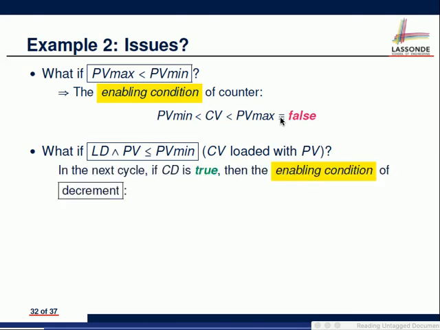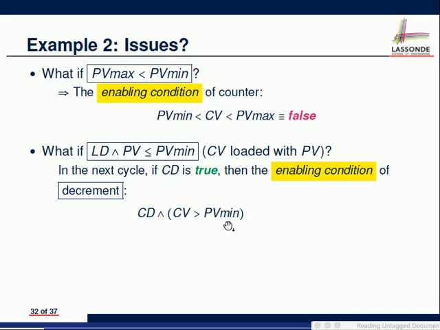So now, let's say we load the value of PV into CV, where the PV value is less than or equal to the minimum. What will be the enabling condition for decrements? If you look at the code, it's going to be CD and also CV larger than PV min.